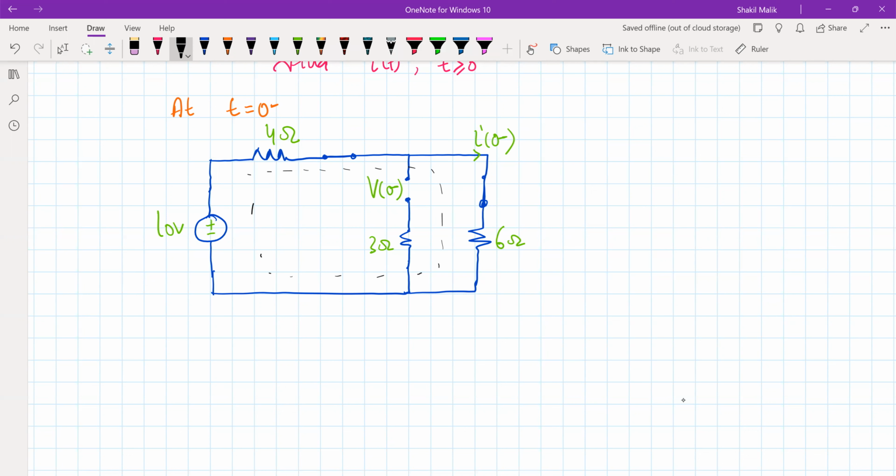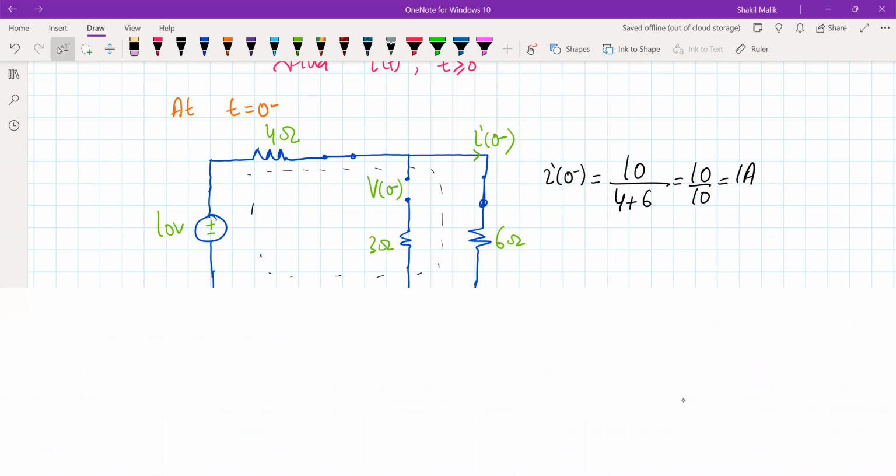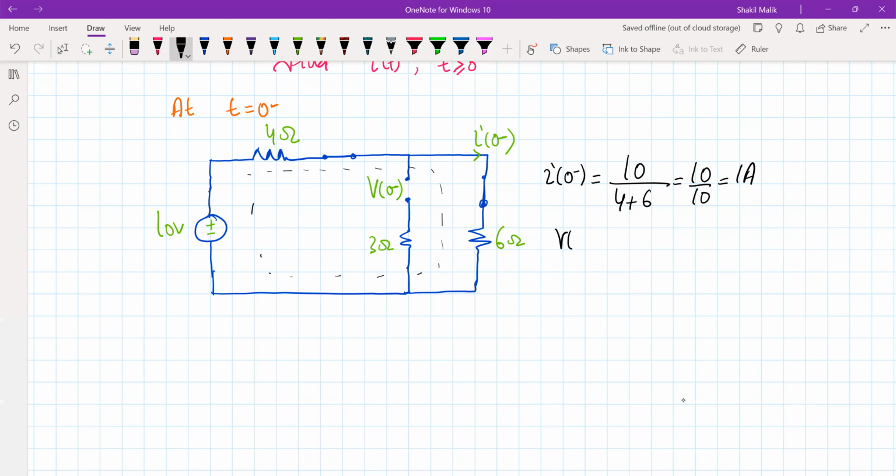So we can write i of 0 minus simply as 10 divided by the total resistance, 4 plus 6, which is 10 divided by 10, equal to 1 ampere. In the same way, v of 0 minus is equal to 6 times i of 0 minus, because this is the current flowing through this resistor. So 6 multiplied by 1 is equal to 6 volts.